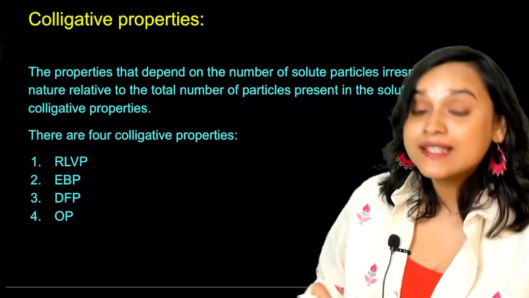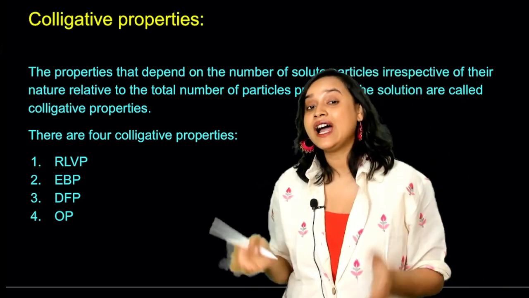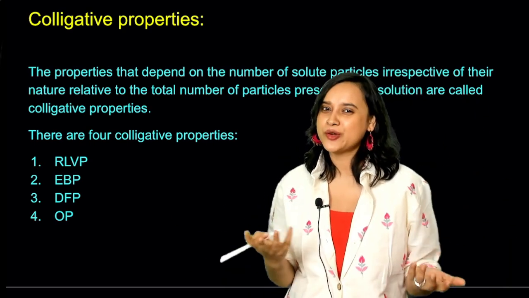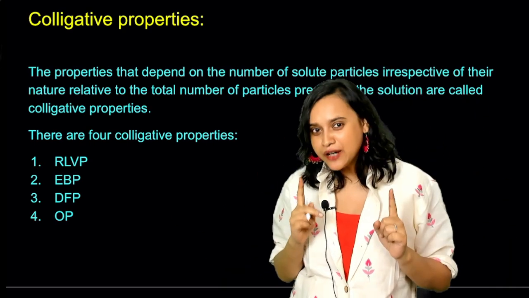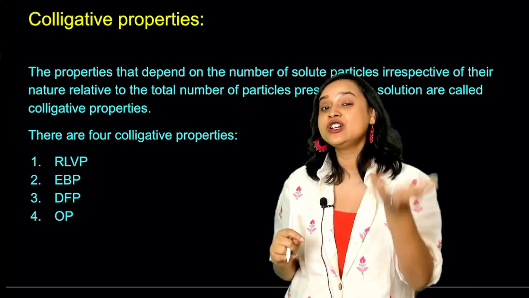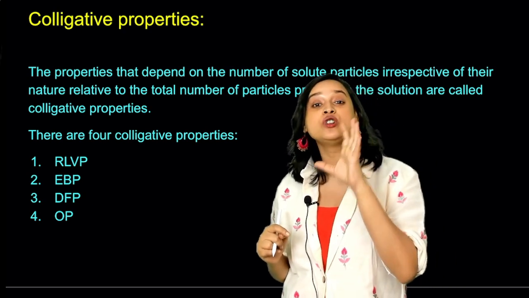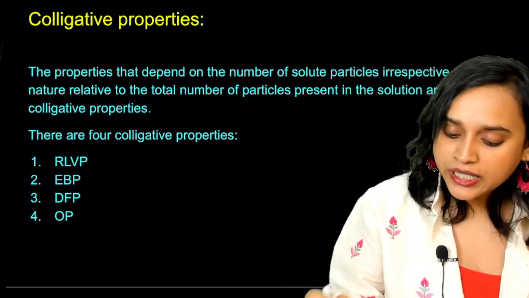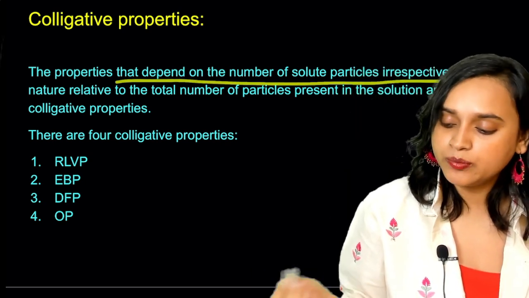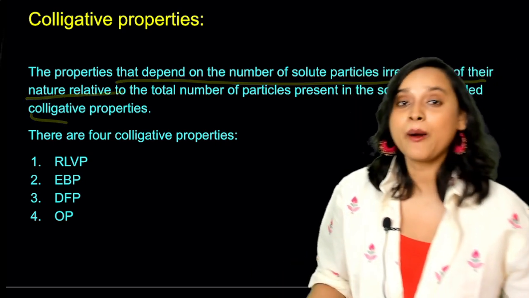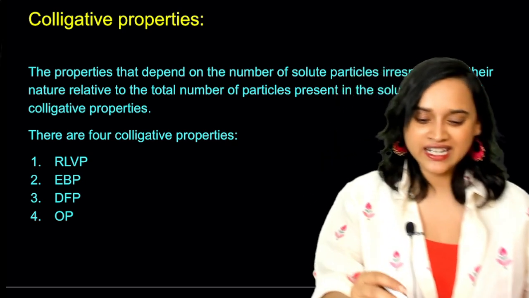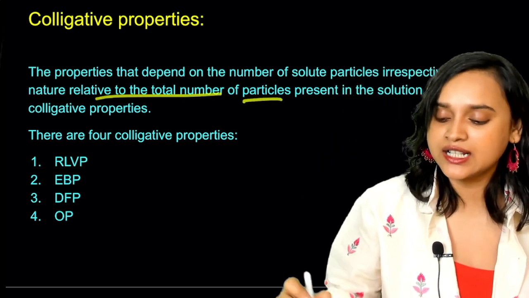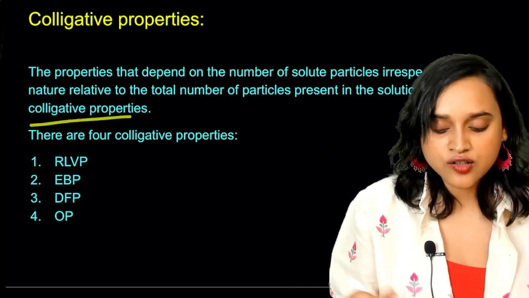Yes. Now, sometime back, do you remember that if you add a solid to the liquid, then what will happen? The vapor pressure will only depend on the amount or quantity. It does not depend on the nature. So, the properties that depend on the number of solute particles, irrespective of their nature, relative to the total number of particles present in the solution, are called colligative properties.